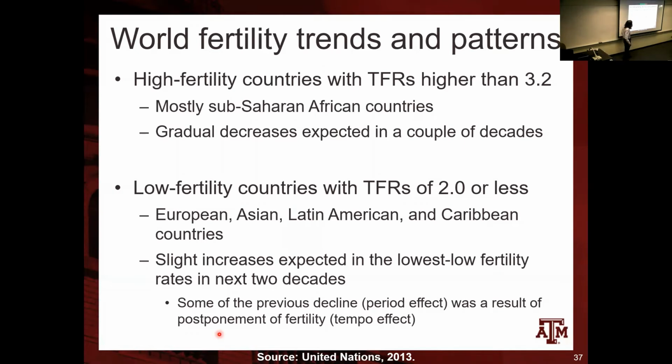High fertility countries are those with total fertility rates higher than 3.2 children per woman. And that's the case of mostly all sub-Saharan African countries. And we expect some gradual decreases in a couple of decades.